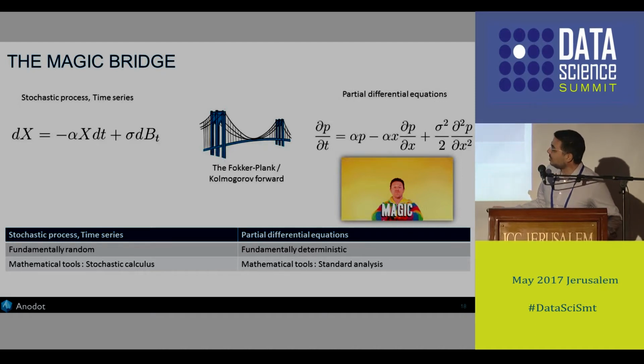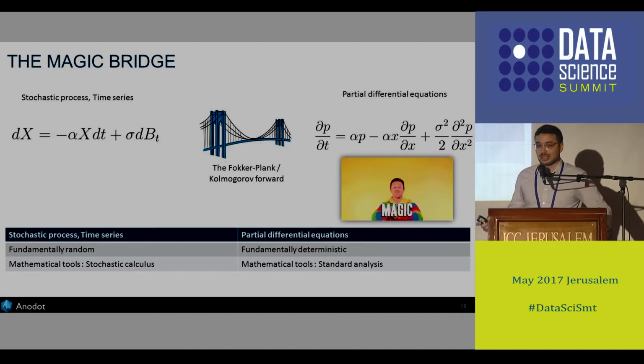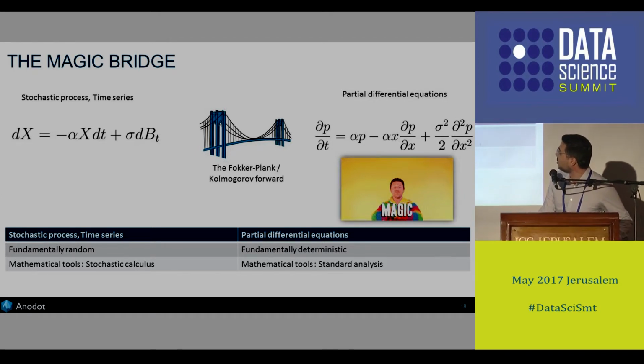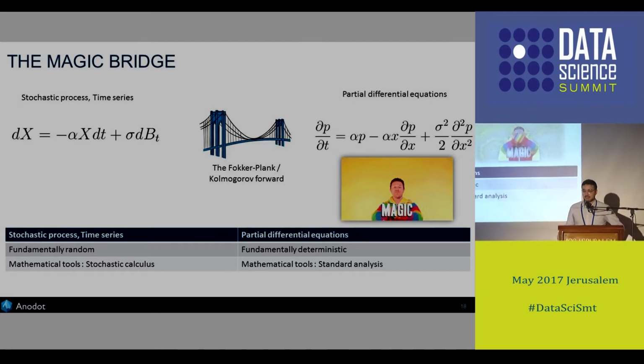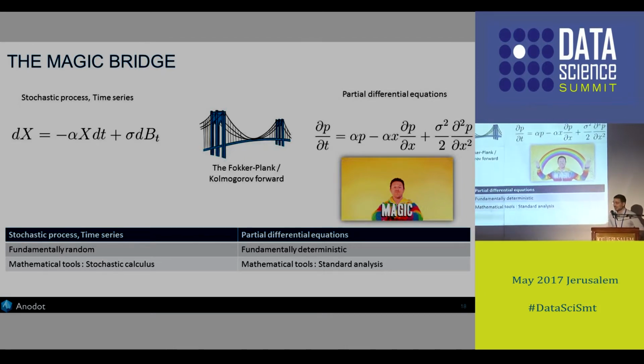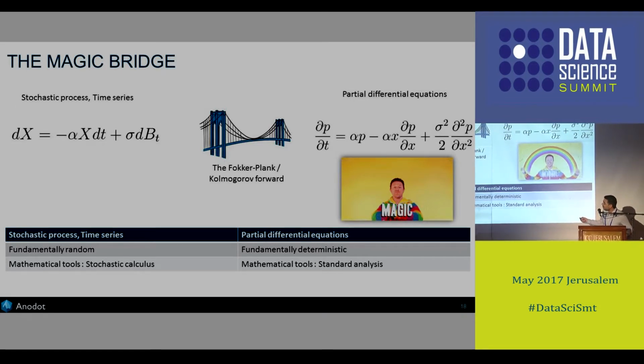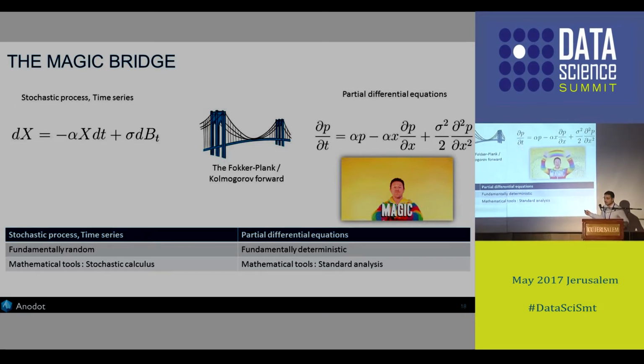The small part is called the Fokker-Planck equation, also known as Kolmogorov forward for experts, and only in one way. So we have this equation that I discussed before, and I will transform it into this equation. And this is magic. This is clearly magic. I will explain why. First, it's absolutely not obvious that there is a link between these two objects.